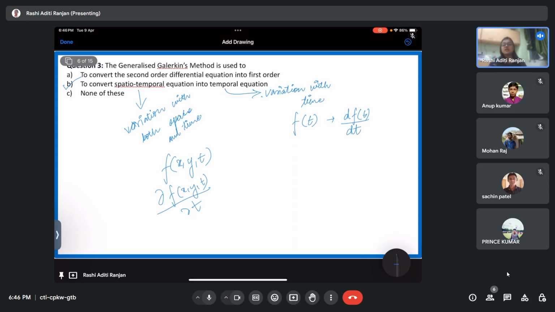Now if I have a partial differential equation, it becomes a bit difficult, right? Because in a partial differential equation, we are actually focusing on the variation with space and the variation with time, which means how my system is behaving with space.